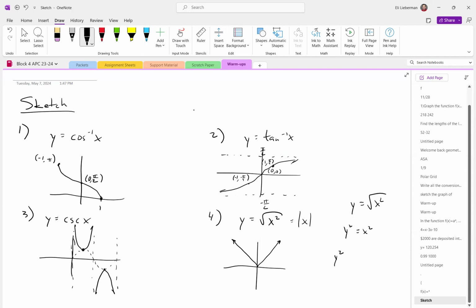And then, no, I squared them. I didn't take the square root. So we have y squared minus x squared equals 0. Do you recognize what that is? Is it a hyperbola?